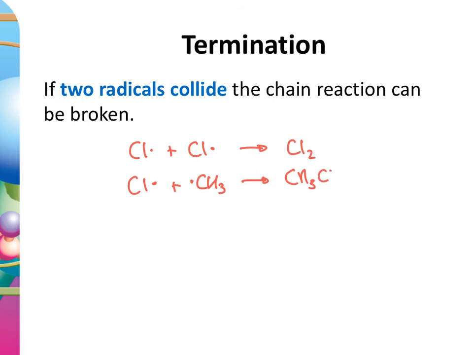So chloromethane, sorry, that's a terrible H. And then the final possibility, and something to just be particularly aware of, is that we could have had two methyl free radicals collide, and they would have made ethane.